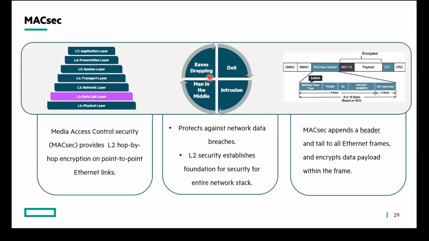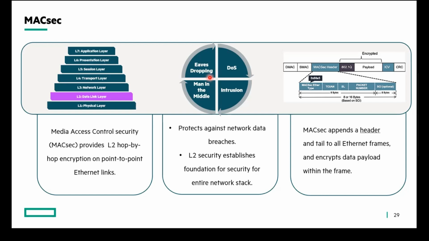These attacks exploit layer 2 vulnerabilities, and they often cannot be detected or prevented by higher layer security protocols. In this way, MACsec provides the foundational security on which the entire network security architecture can be built. So MACsec security is really needed in an enterprise access network.